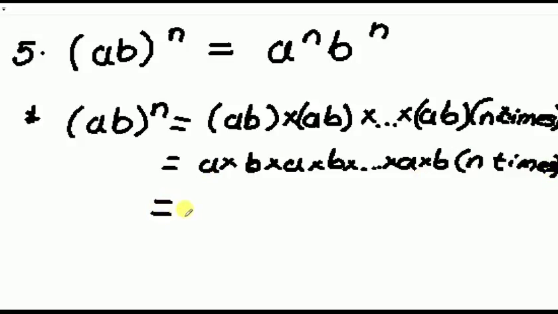And when we go on, this is going to give us a multiplied by a multiplied by a multiplied by a multiplied by a, now we are grouping the like terms together, and it's also multiplied n times.